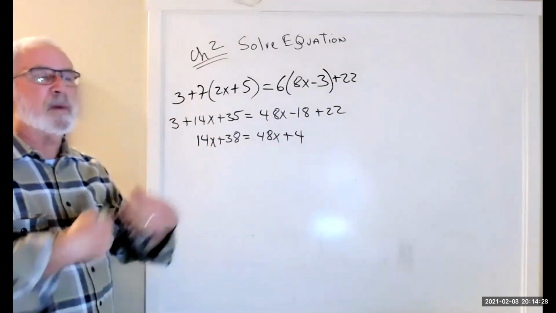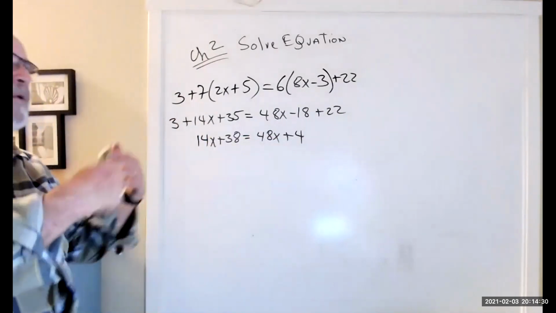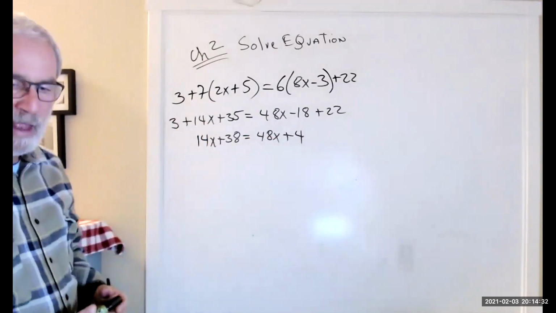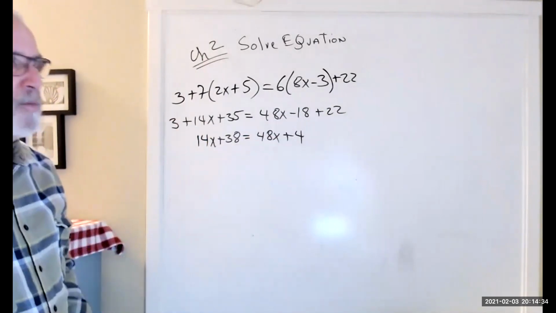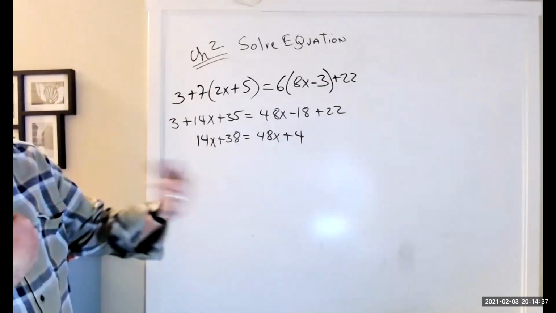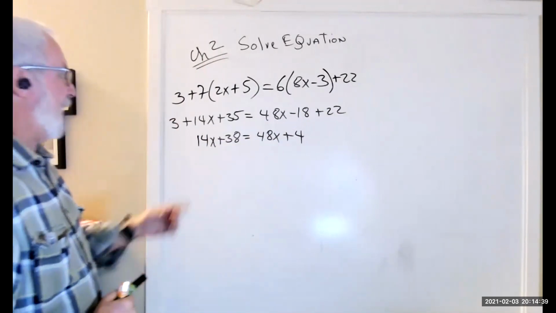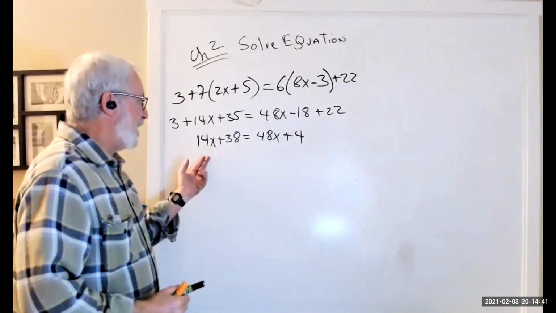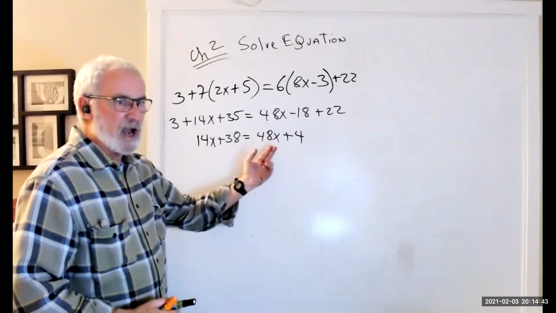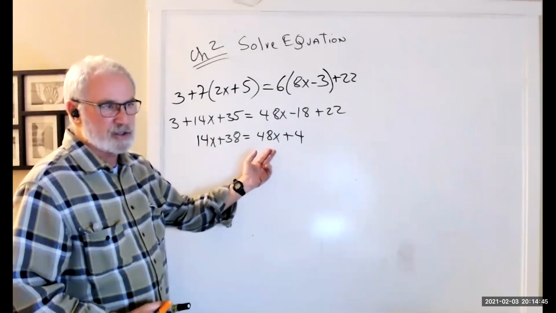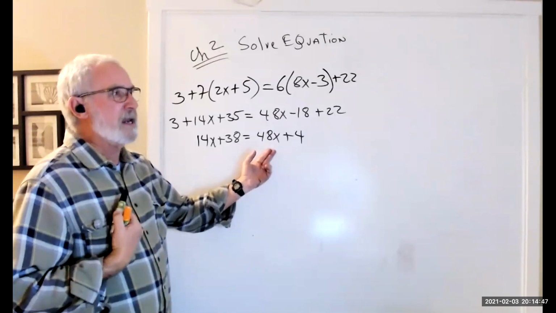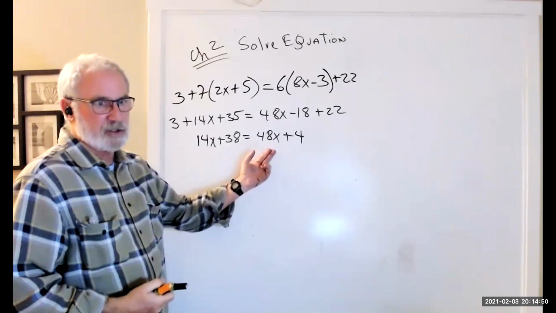I want to move my x's to one side and I want to move my numbers to the other side. Again, it's totally arbitrary what side you move the x's to. However, I know that if I take 14x away from both sides, I'll still have a positive x. And like I said, I prefer the positive x's.